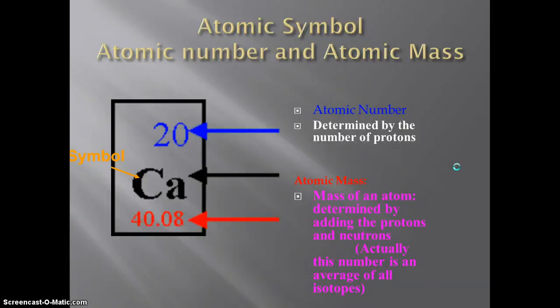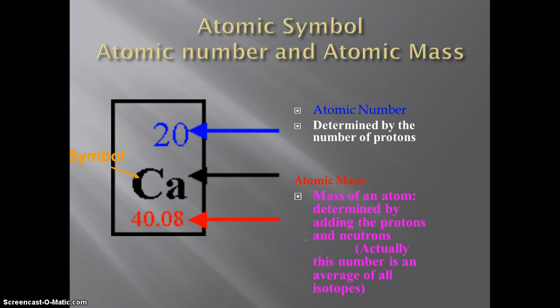Now, if you look at the periodic table, the elements have an atomic symbol. Here, for example, Ca represents calcium. On top you might see an atomic number, and that number tells you the number of protons. On the bottom you'll see the atomic mass. Atomic mass is determined by adding neutrons and protons. You're wondering why not electrons?